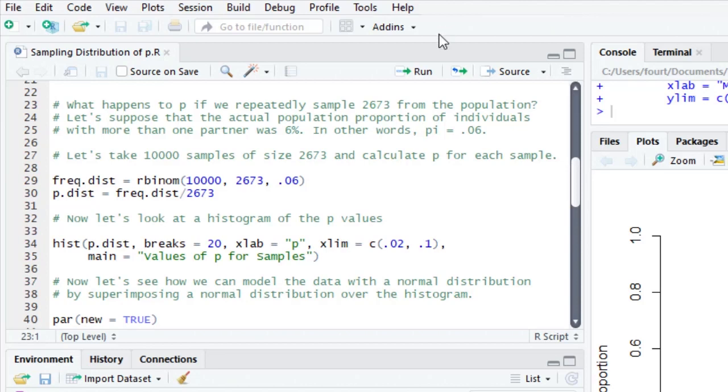Here we go. I'm now going to look at the histogram of the proportions for each sample. So I now have 10,000 samples, each of size 2,673, and I've calculated p, the proportion who said they were not monogamous in each sample, and I'm going to now look at a histogram of those p-values.